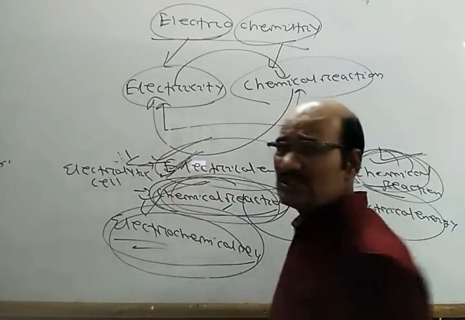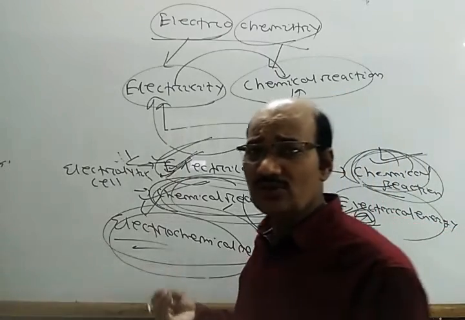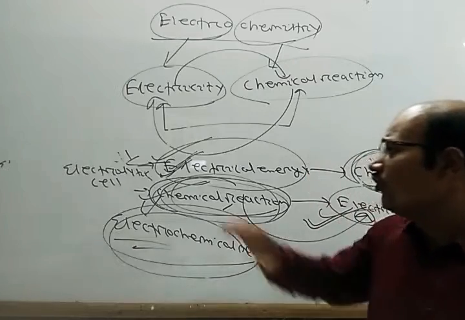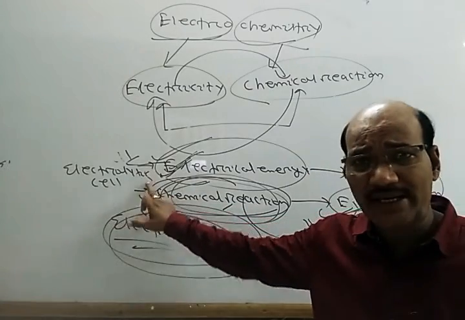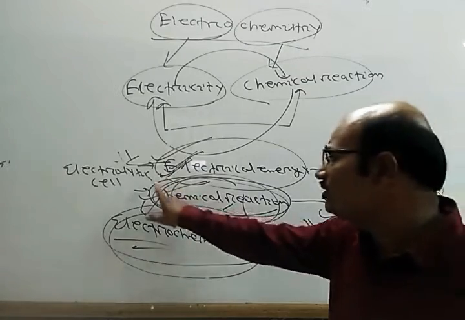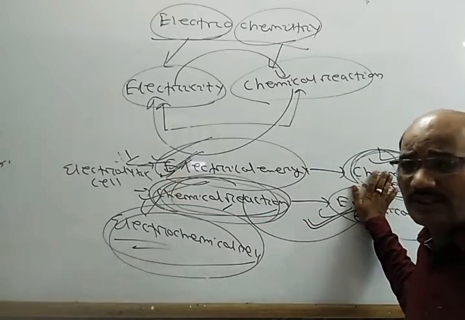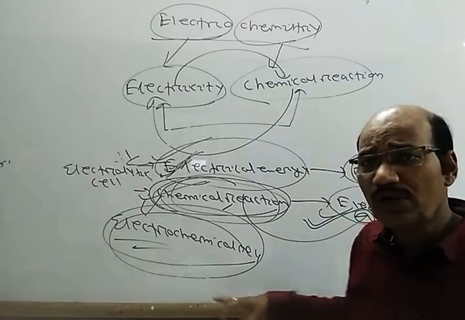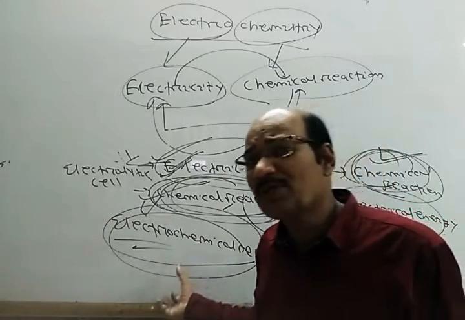Now this whole process involves one thing: the electric current. In the electrolytic cell we apply electric current and cause chemical reactions, and in the electrochemical cell we do chemical reactions and produce electrical current.